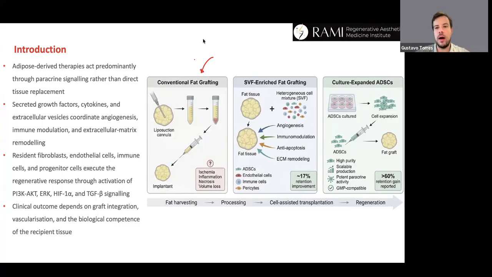Then we have the more advanced applications that are done in certain situations in which we have the stromal fraction, which is below, and it will have stem cells and also other types of cells that will actually help rebuild that tissue.